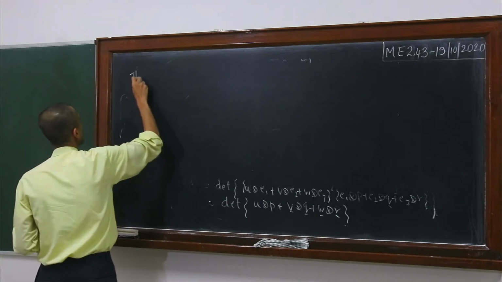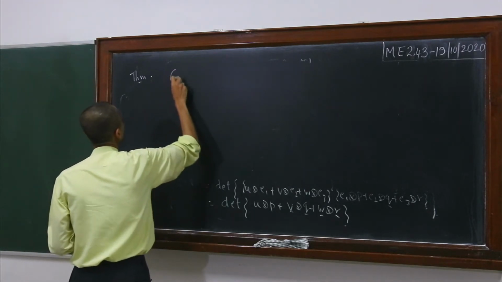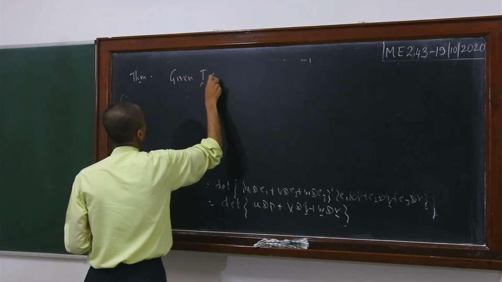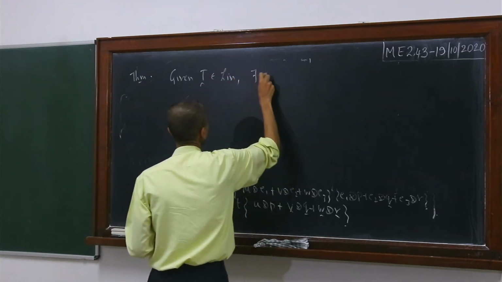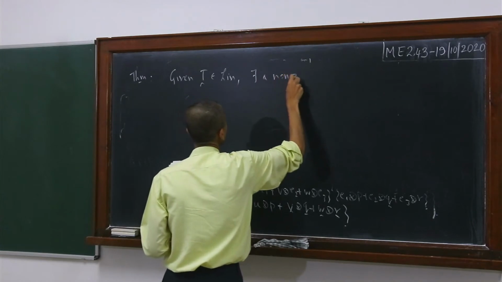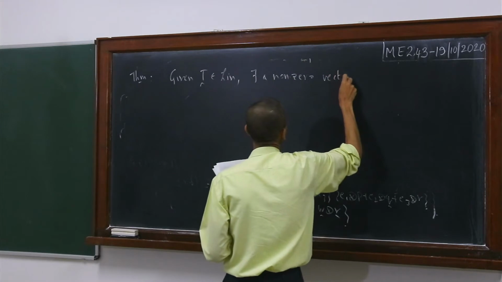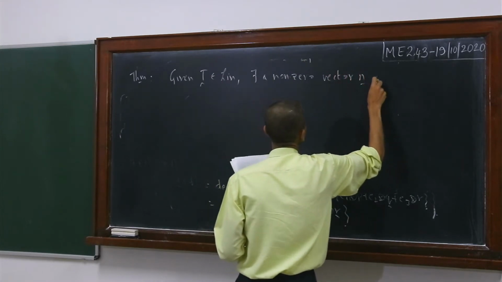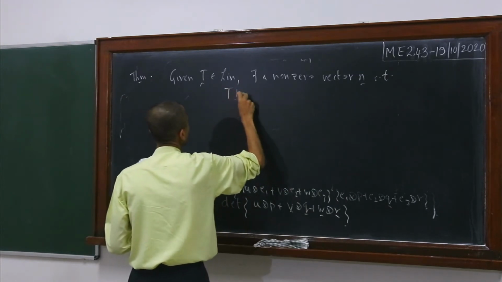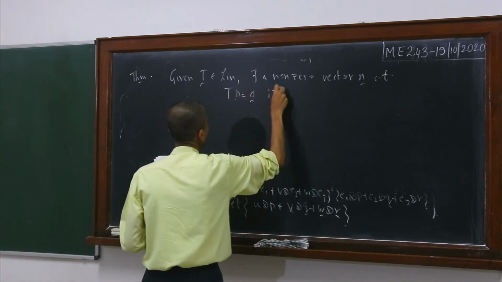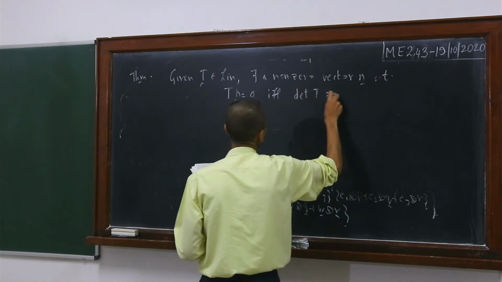The theorem: given T belonging to Lin, there exists a non-zero vector n such that Tn is equal to 0 if and only if the determinant of T is equal to 0.